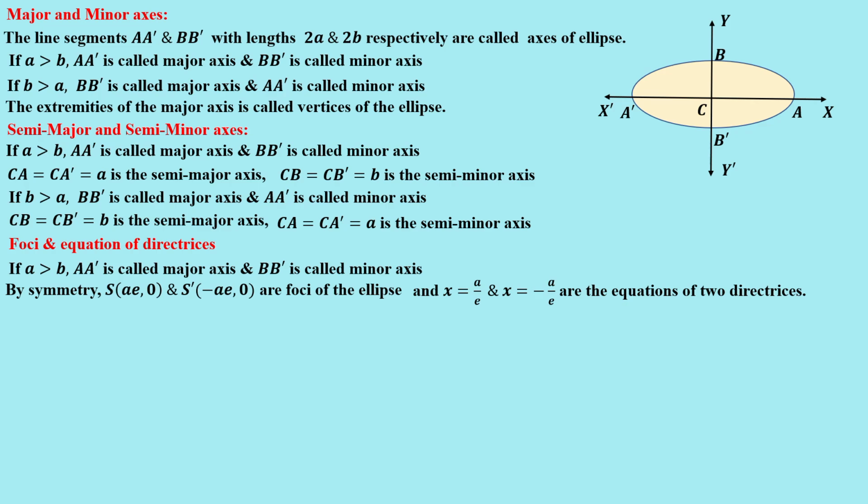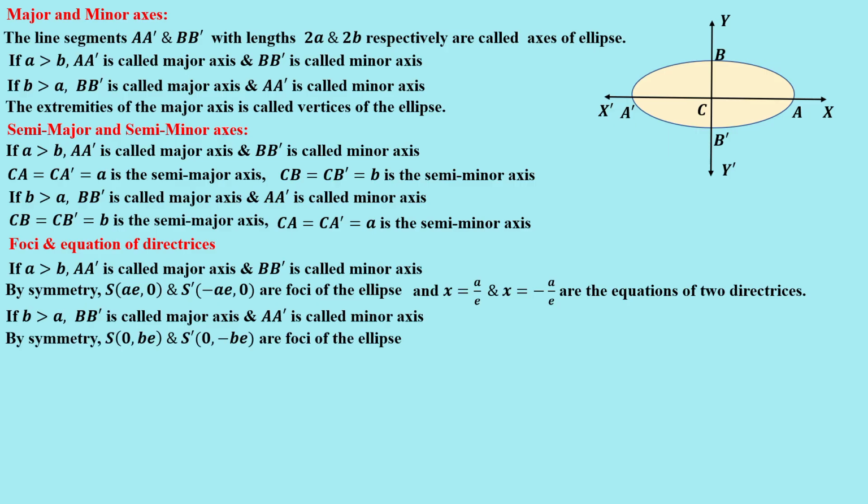Similarly, x is equal to a by e is one directrix corresponding to S (ae, 0). The other one is x equal to minus a by e, corresponding to the focus S dash (minus ae, 0).